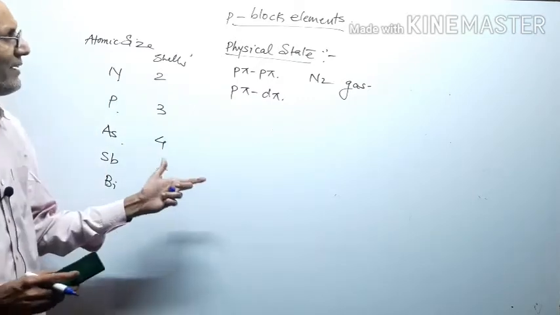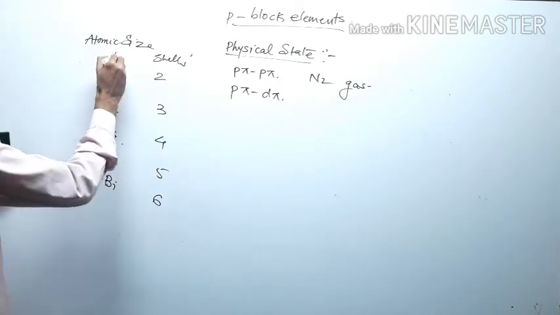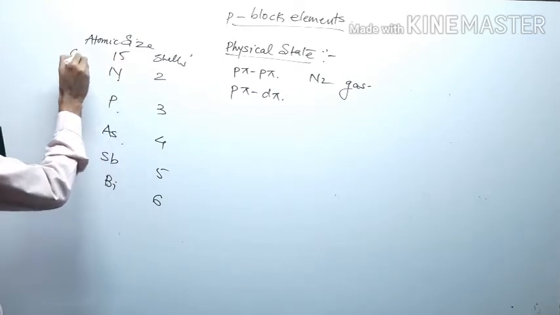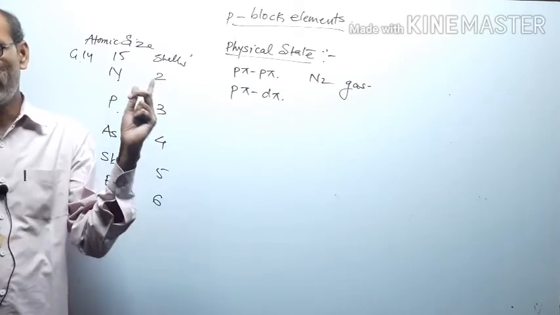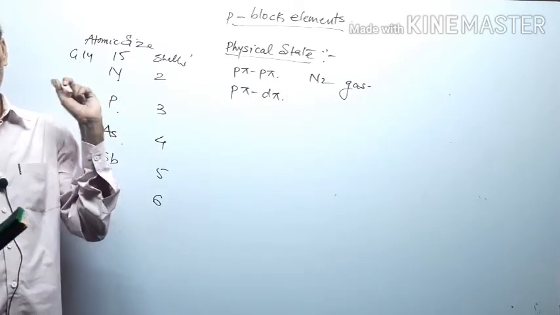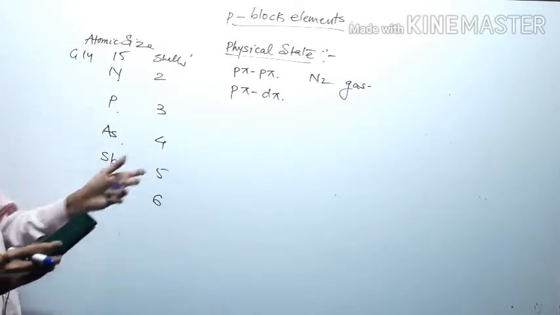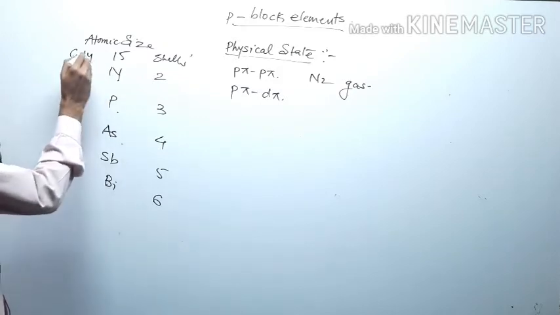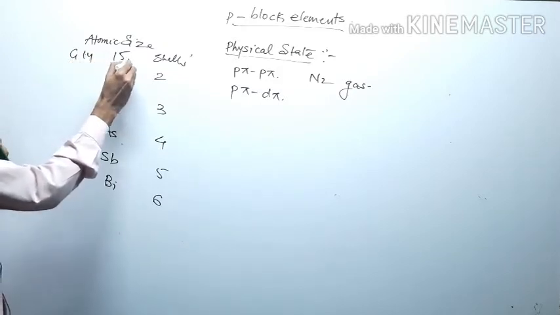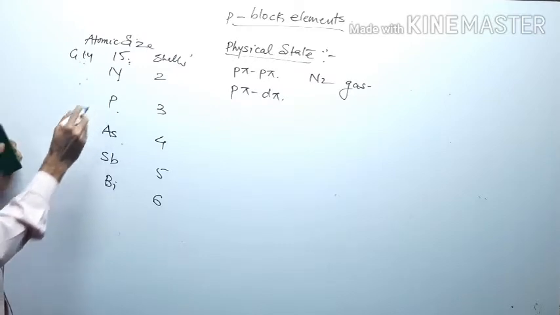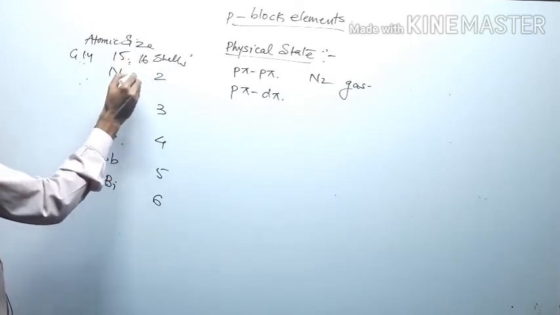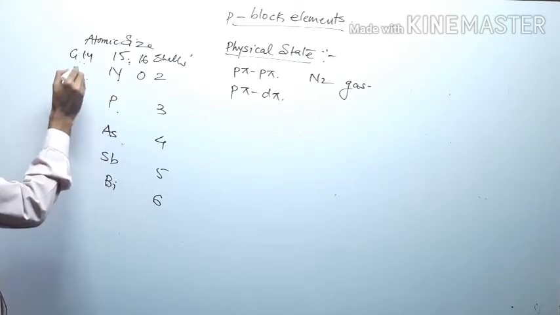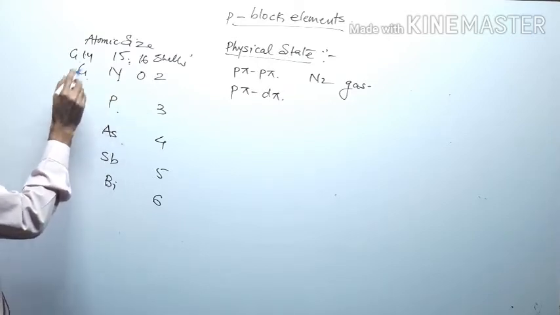If we compare group 15 and group 14 elements, on moving from left to right, the element size will decrease because the nuclear charge increases. So elements of group 15 will be smaller than group 14, and if we compare with group 16, taking oxygen, and here carbon.